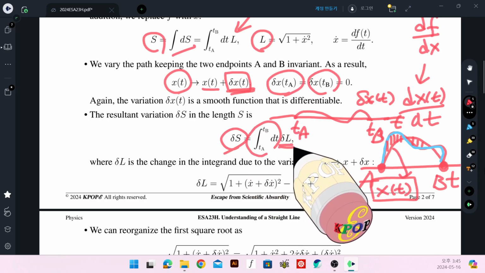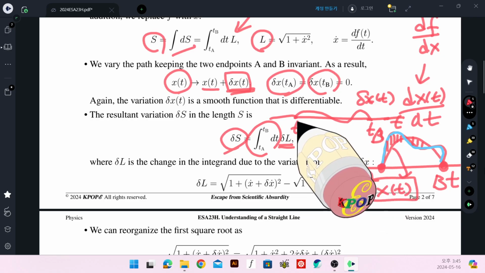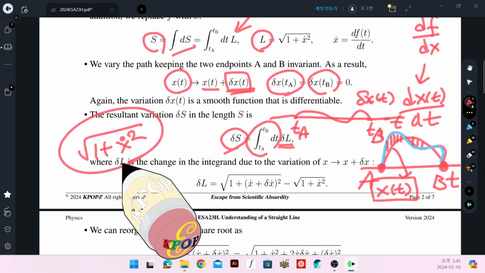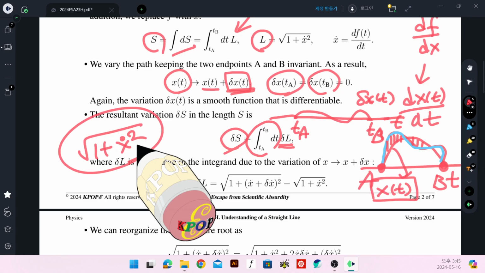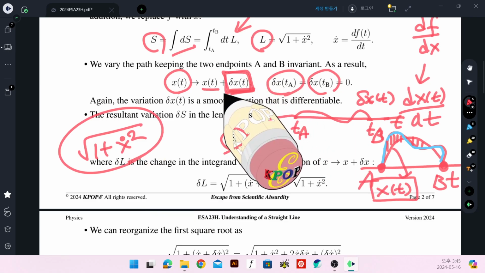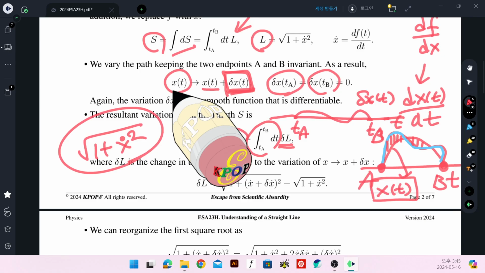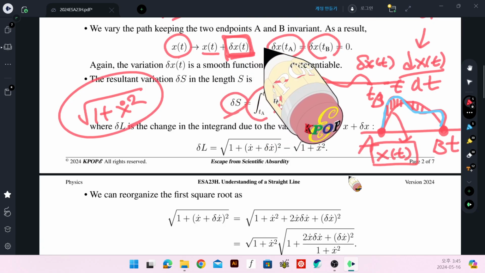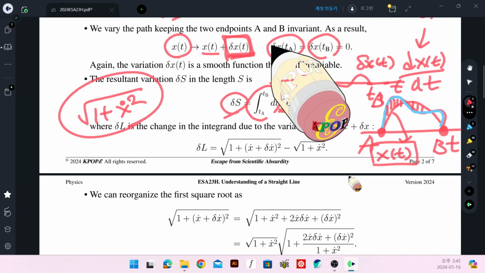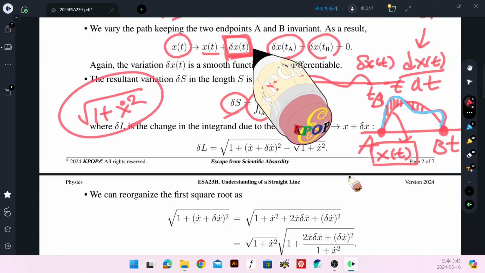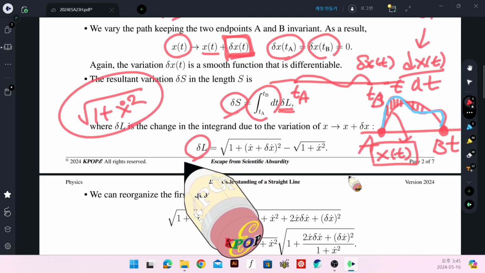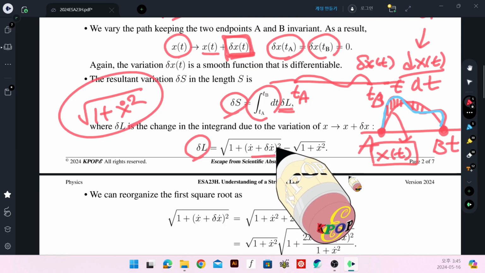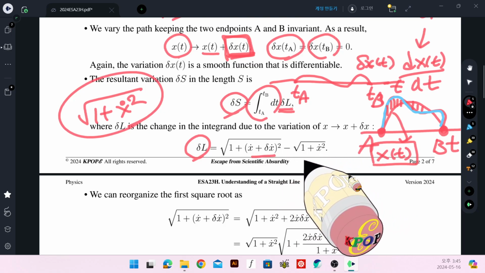Instead, the integrand that was square root of 1 plus x dot squared should be shifted due to the variation of the function x. Now, we assume this change is infinitesimal, very small, very tiny. Then the change in the integrand is the square root of 1 plus (x dot plus delta x dot) squared, subtracted by this original value.